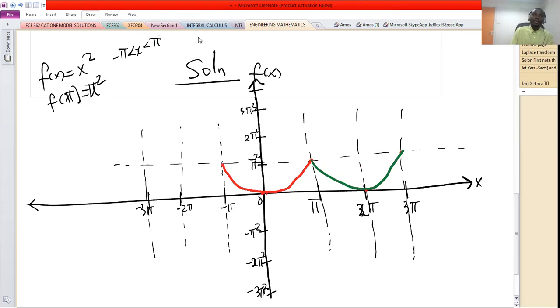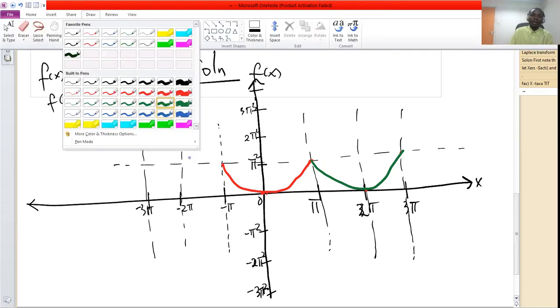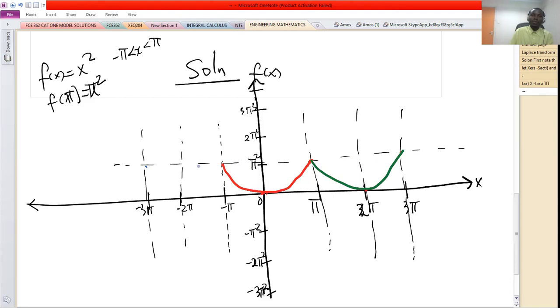And similarly, this will move 2 steps to this point, this 2 steps to this point, and then this will come to this point here. So this will be the sketch. Ensure that you draw a smooth curve.